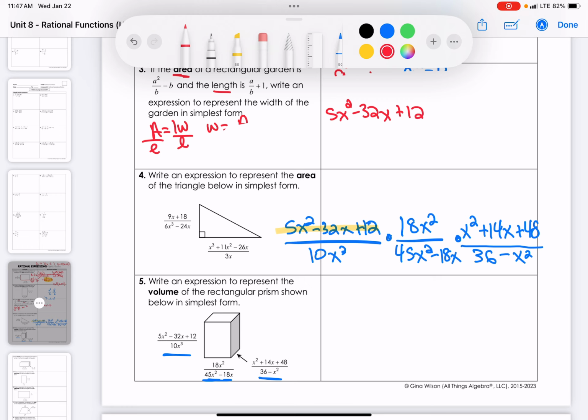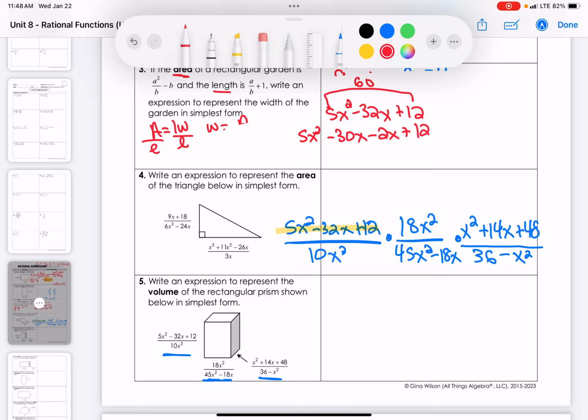So remember to factor by grouping, we're going 5 times 12. That's going to give me 60. I'm going to bring down the 5x squared. Now two numbers that multiply to 60 but combine to give us negative 32. So it's going to give me a minus 30x minus 2x. And then I'm bringing down that 12.